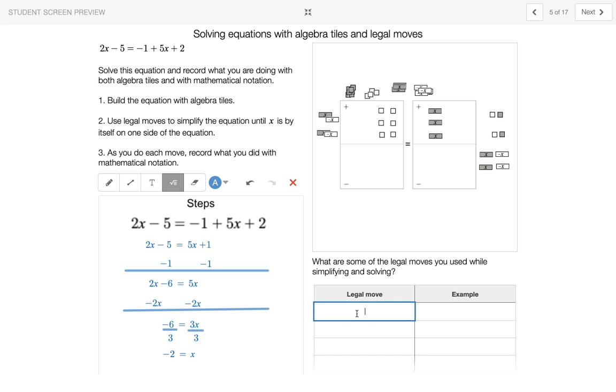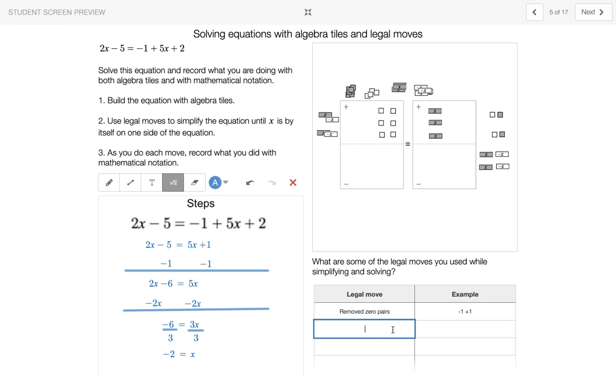Now we're going to type in some of the legal moves that we did. We removed 0 pairs. An example of that, we did -1 plus 1. Okay, that was 1.